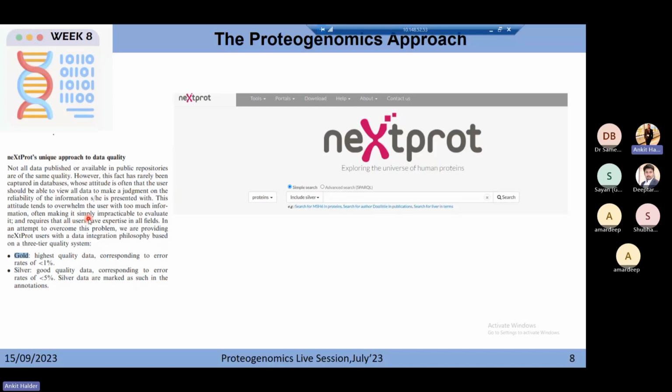But we have to understand one fact, that all the data being submitted or present in all these tools and databases are not of the highest quality. So one needs to be very vigilant in choosing particular proteins, and then relying on that information and going forward. That's why it tends to overwhelm the user with too much information.